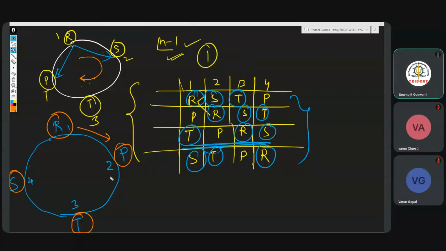That is RP, then T, and then S. Do I have RPTS? No, because again P is towards the left hand side. So this is the problem, and this is what we say is a different permutation.